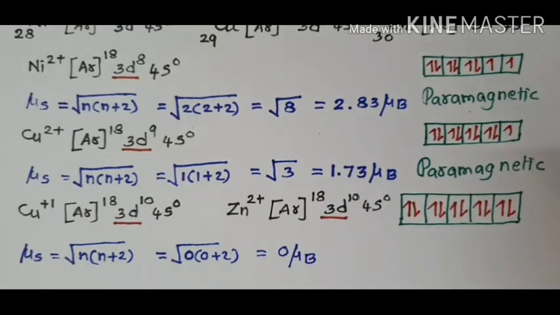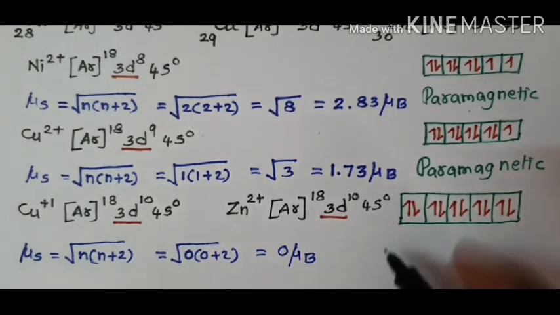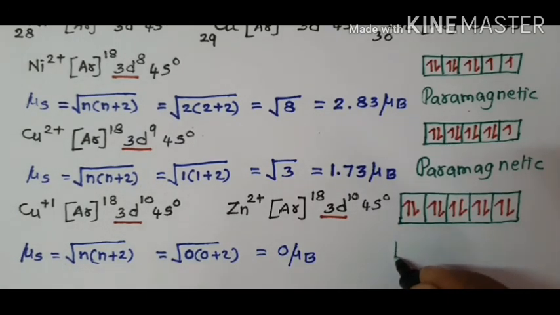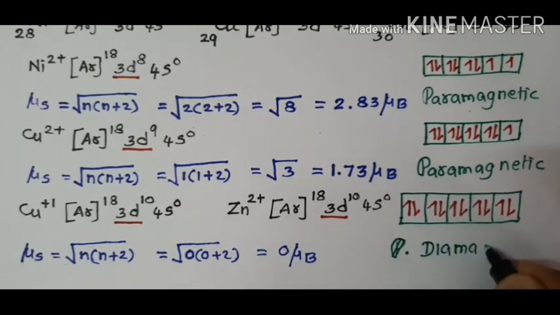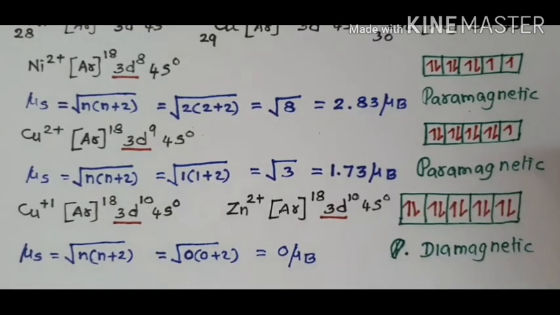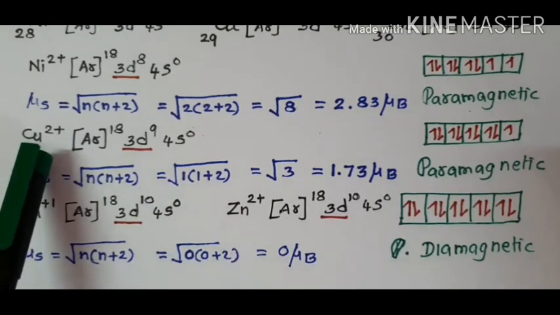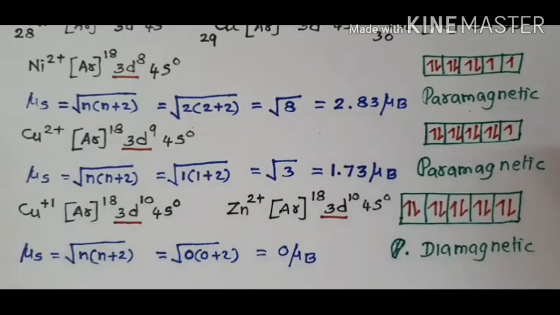Because all the electrons are paired, copper 1 plus and zinc 2 plus are diamagnetic in nature. Question may be asked, why copper 1 plus is diamagnetic and copper 2 plus is paramagnetic?